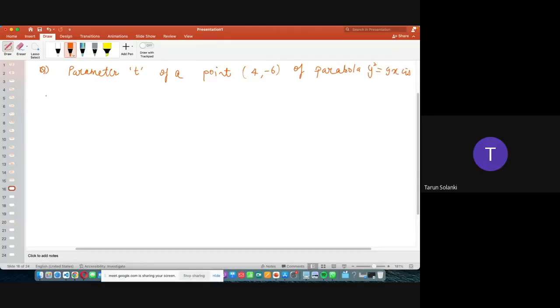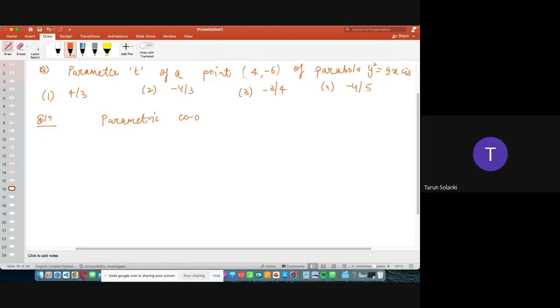Okay, options are given: 4 by 3, next is minus 4 by 3, next is minus 3 by 4, and next is minus 4 by 5. Okay, the question is the parameter t of a point (4, minus 6) of parabola y square is equal to 9x.